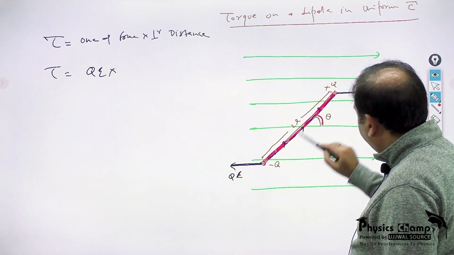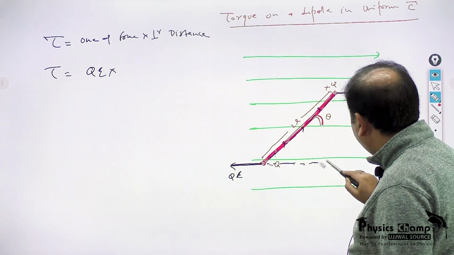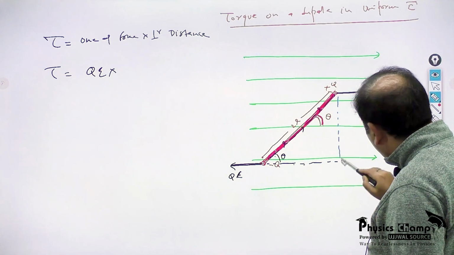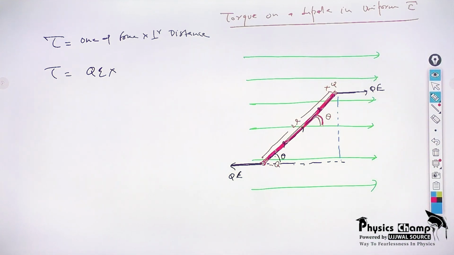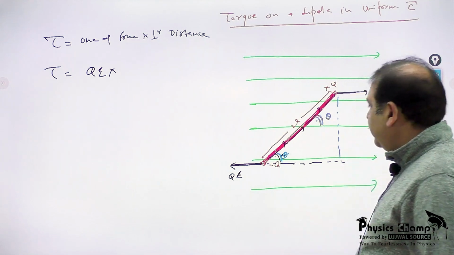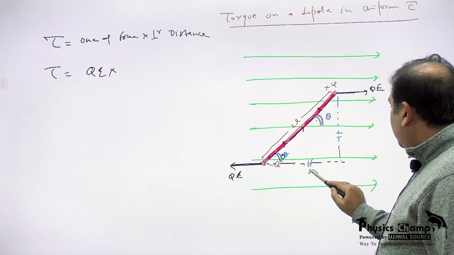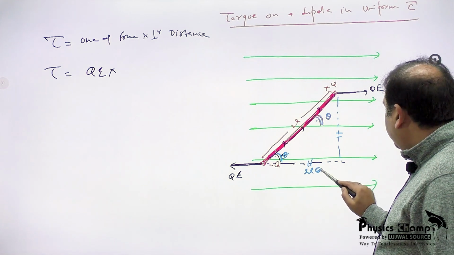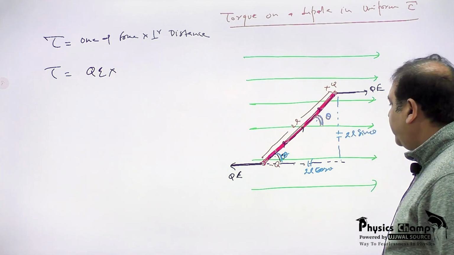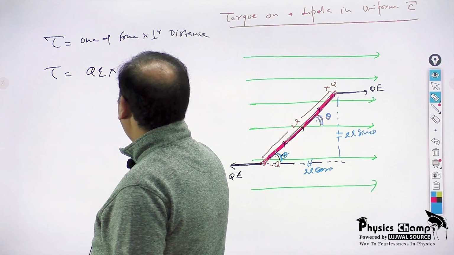If we take this as an angle theta over here, and then we draw a perpendicular, this is total distance 2L. This will be 2L cos theta, and here it will be 2L sin theta. So when I am asking what is the perpendicular distance between two forces, it will be 2L sin theta.